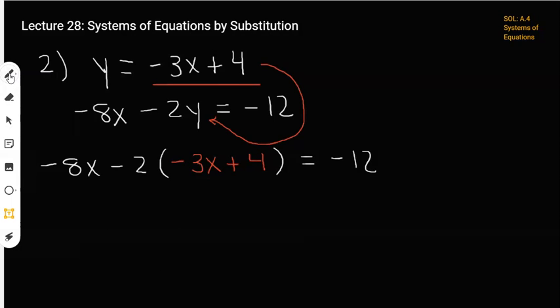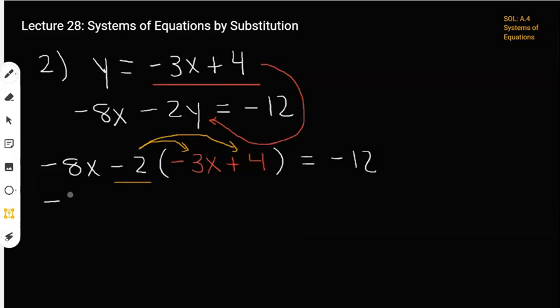So now I'm going to take that negative 2 right here on the outside. I'm going to underline it, and I'm going to multiply it by everything on the inside. So I'm going to multiply it by the negative 3x and the positive 4. So let's do that.